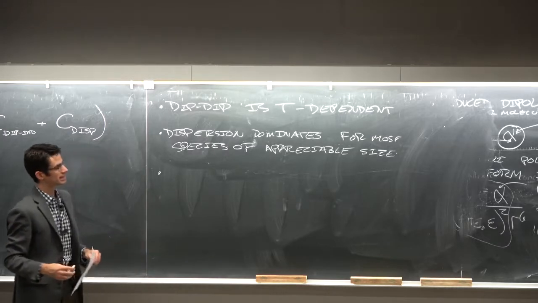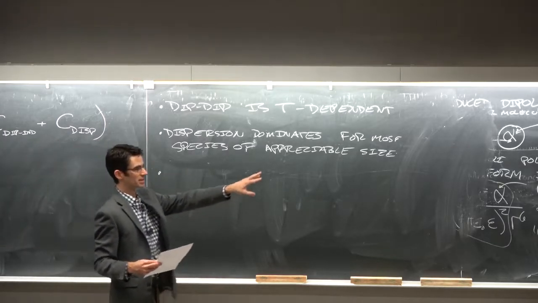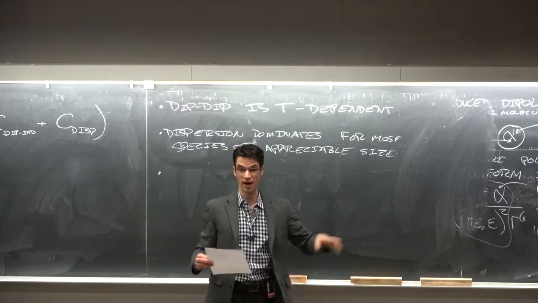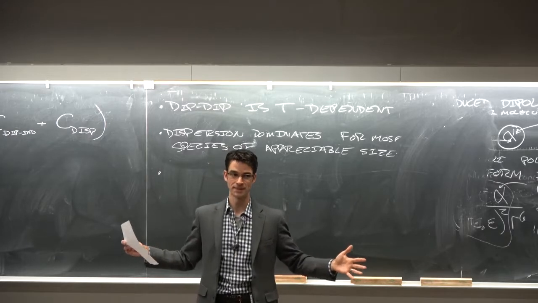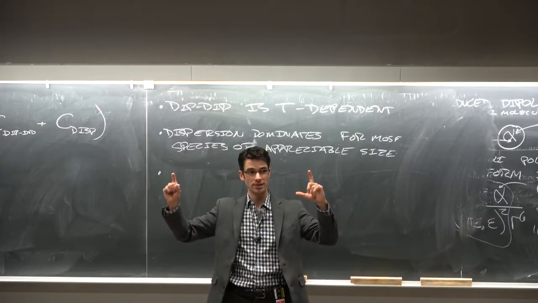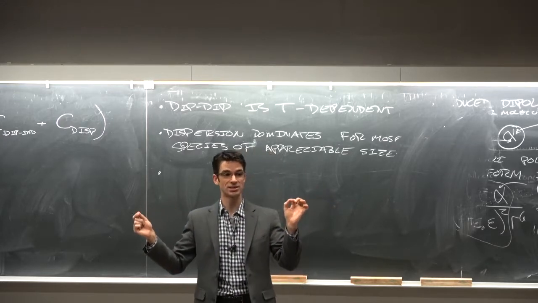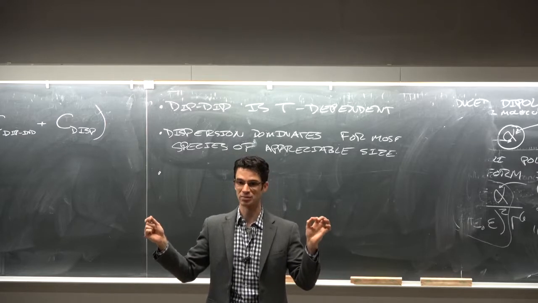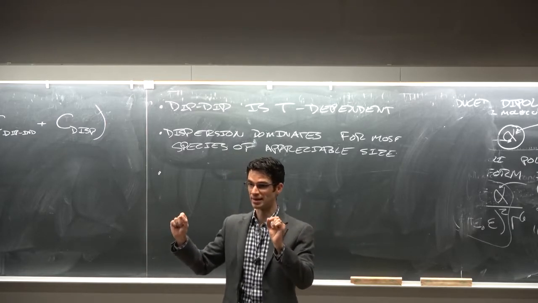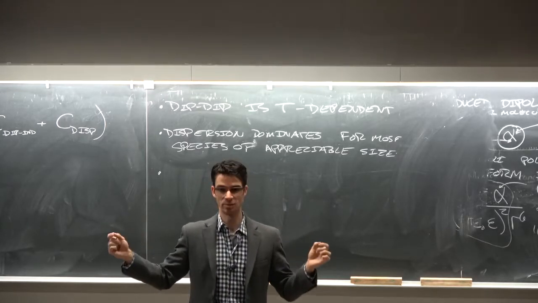And the third point is that because of the quantum mechanical character of the dispersion interaction, it actually goes away after a certain distance. The reason it goes away is as follows. Electric fields, or electrostatic interactions, are mediated by photons, by EM waves that travel at the speed of light.